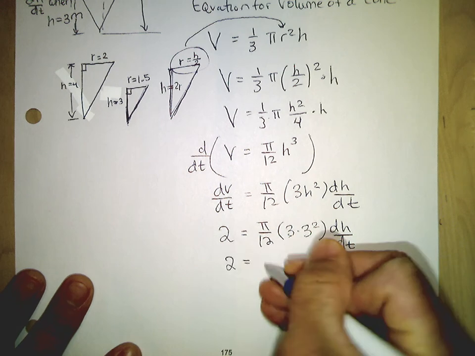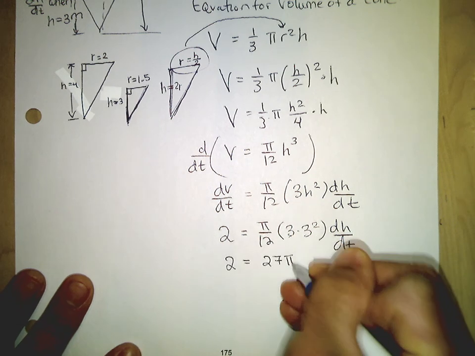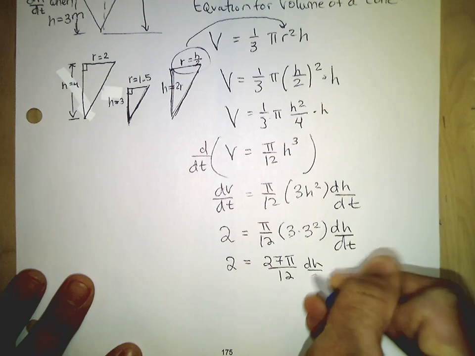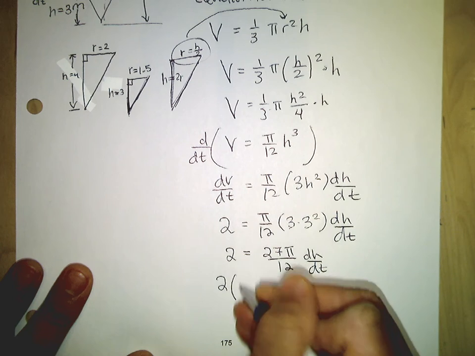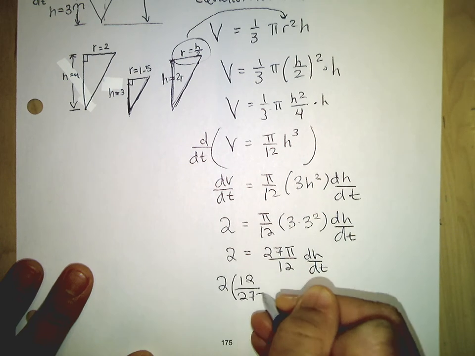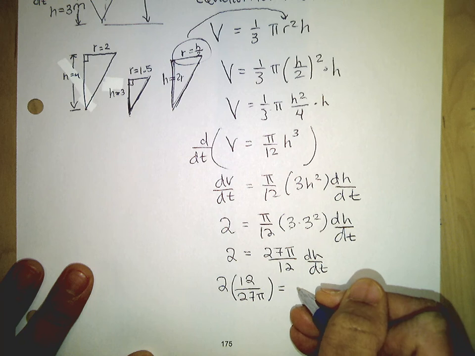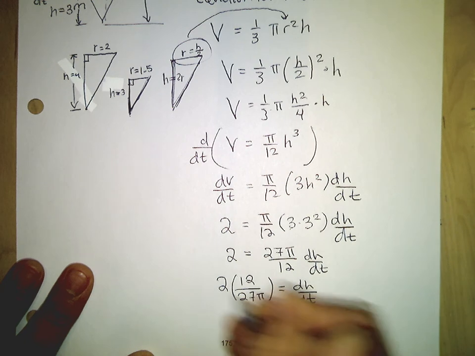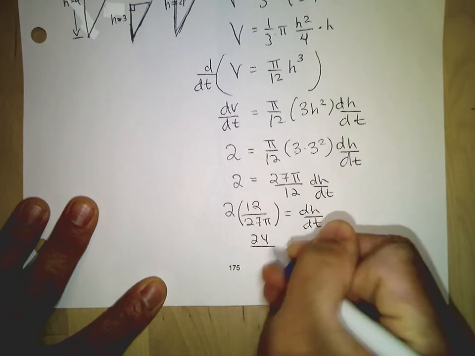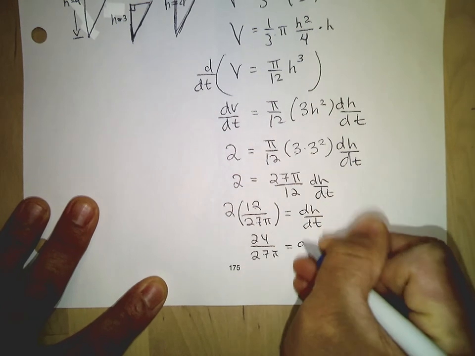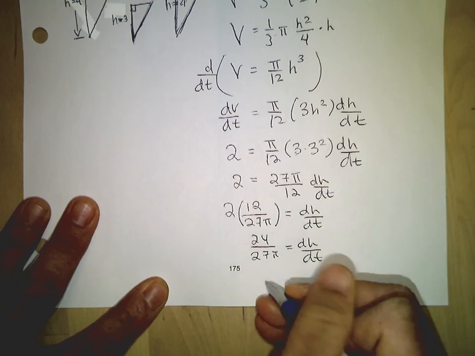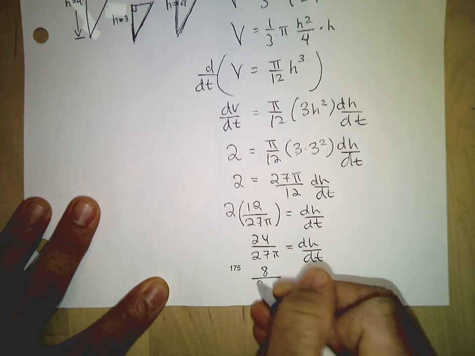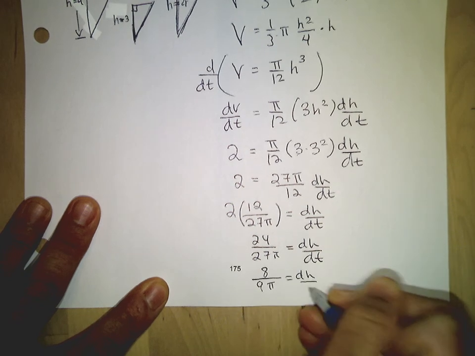So we have 2 is equal to 27 pi over 12 dh/dt. Then I'll multiply by the reciprocal to get 2 times 12 over 27 pi is equal to dh/dt. So 2 times 12 is 24, so 24 over 27 pi is dh/dt. And I can reduce this by dividing by a factor of 3. So 8 over 9 pi is dh/dt.